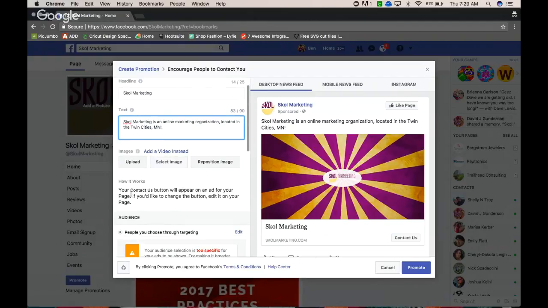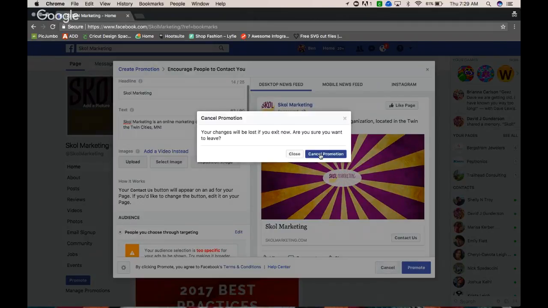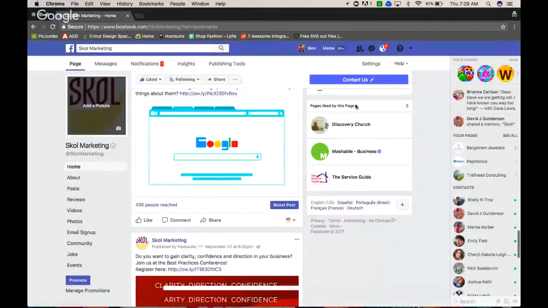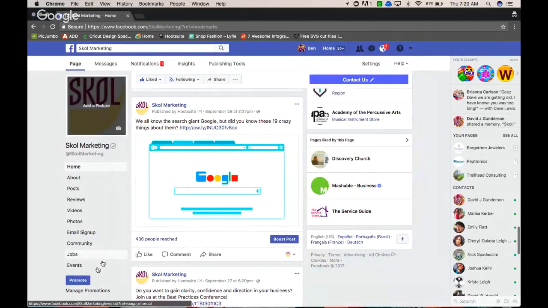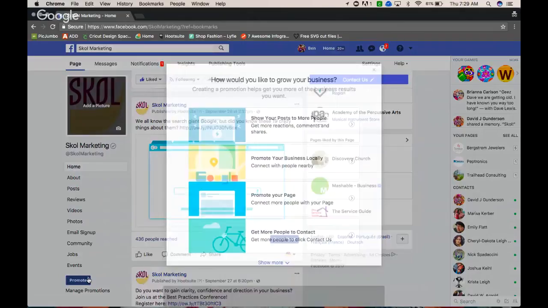And then, so how this one works is you can see right here, Facebook blatantly says it. Hey, your contact us button will appear on an ad for your page. If you'd like to change the button, edit it on your page. What it's essentially doing right here is this one is going to promote the button for whatever you designated up here. So for me, it's the contact us button, but for you, maybe it's the shop button, maybe it's a learn more button.